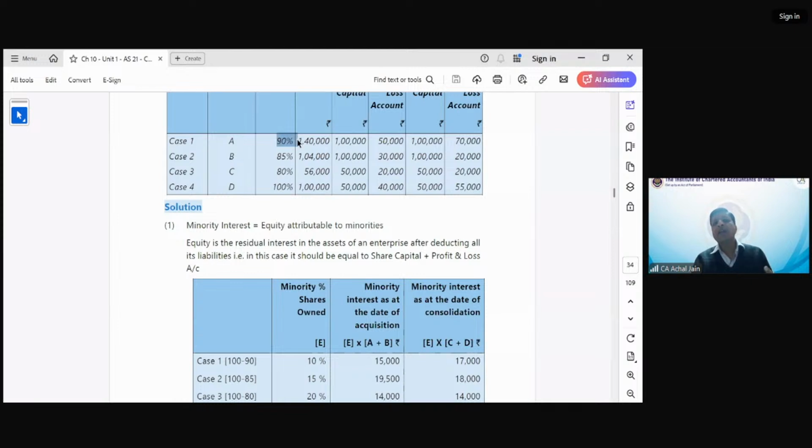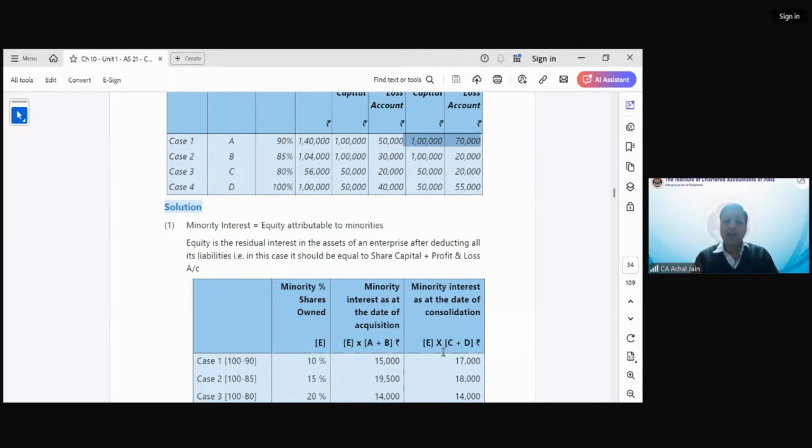Because if the holding company holds 90, the minority will hold 10. So in first case, we have 10% holding. Net assets are 1,50,000. So the proportionate share of minority will be what? 15,000. 15,000. Okay.